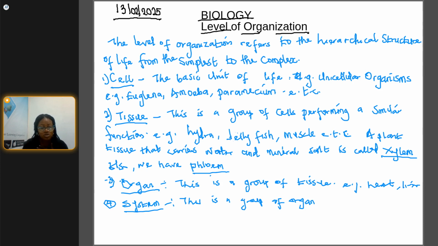For instance, in the circulatory system, you have the heart and the blood vessels. All these are organs that work together in the circulatory system. Likewise, for the respiratory system, we have the lungs and the gills that work together as organs to form a system. So that is why we say they are group of organs.